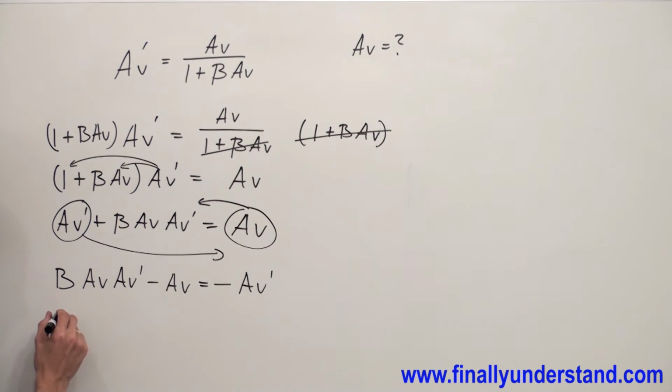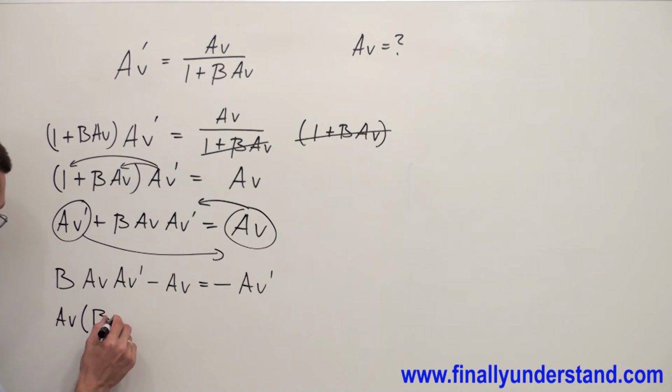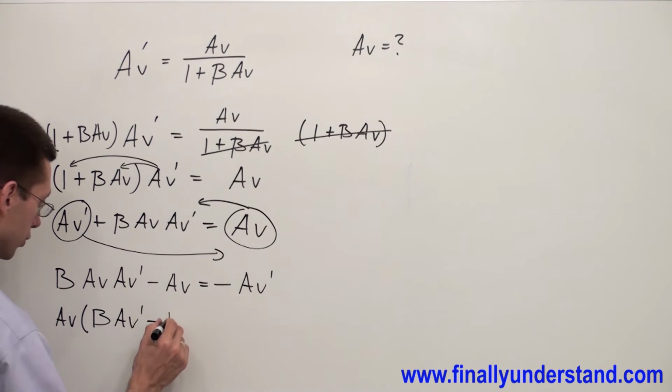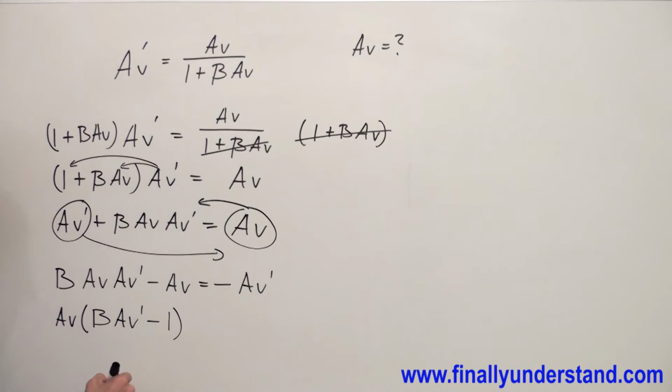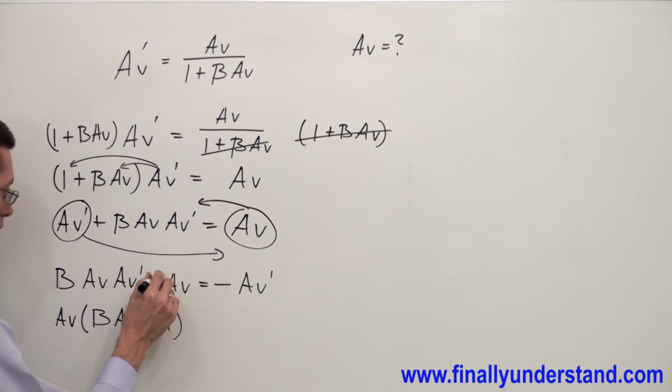That's why I'm going to have AV, and inside of the parentheses I'm going to have everything whatever is left. So I'm going to have beta times AV prime minus 1. Someone is going to ask me why we have 1. Remember, anytime we have no visible integer next to the variable, there is always an invisible 1.